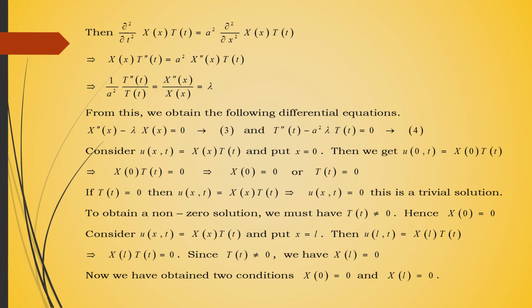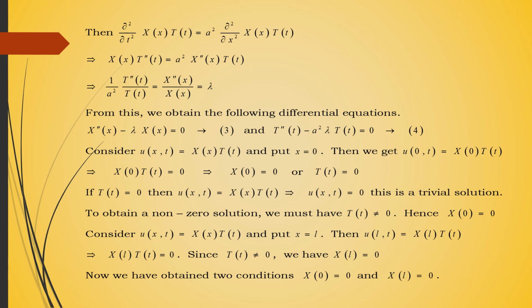Then we obtain dou square by dou t square of X of x T of t equals a square dou square by dou x square of X of x T of t. On the left hand side, we have to differentiate capital T of t with respect to the time variable t twice. So the LHS becomes X of x T double dash of t.